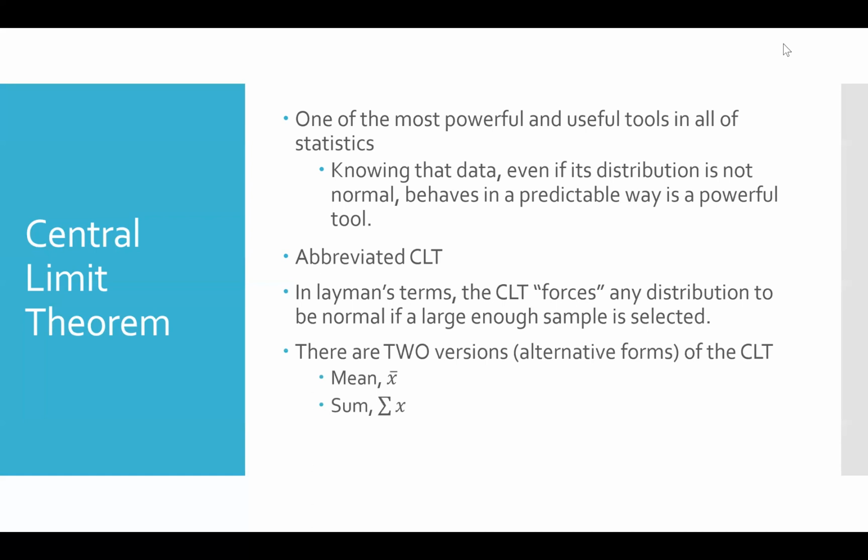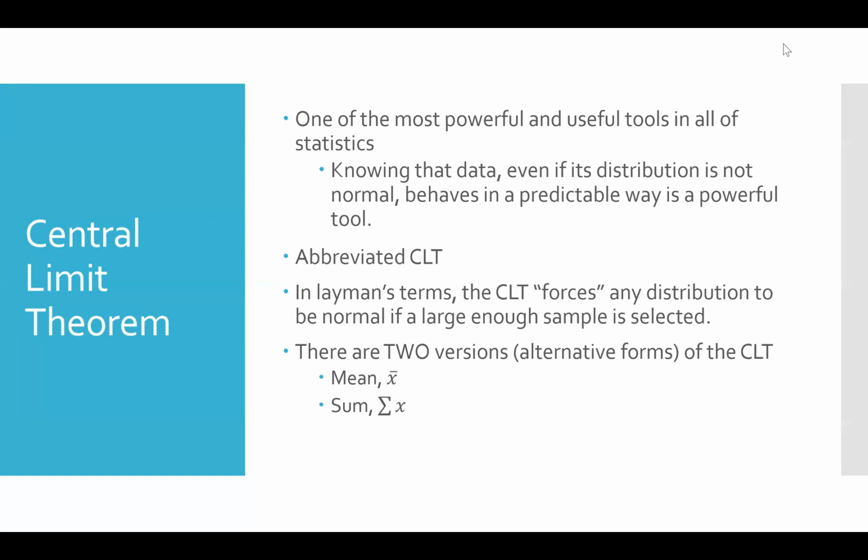And there are two different versions, or two alternative forms, as you'll sometimes see the terminology, of the central limit theorem. One looks at the means, or the mean, and the other looks at the sum. And we are going to look at both.